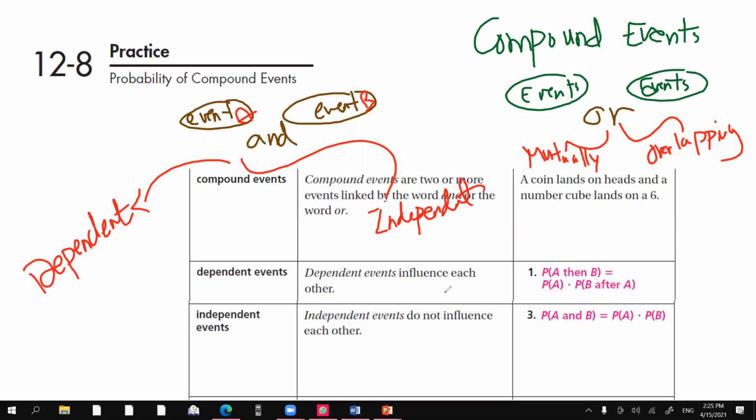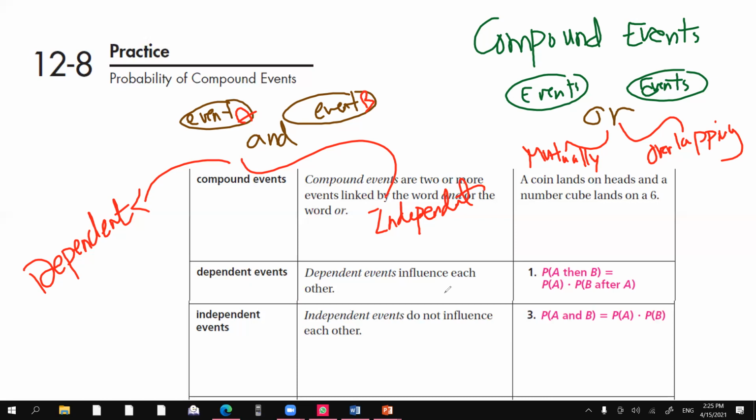Now the independent. Independent means that I toss a coin or play with a number cube, and they don't depend on each other. Or if you play with a jar of balls, but with replacement.